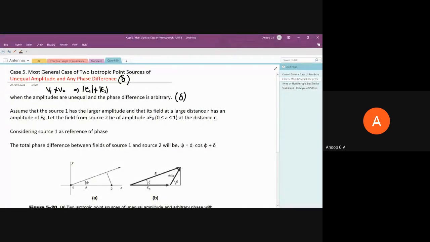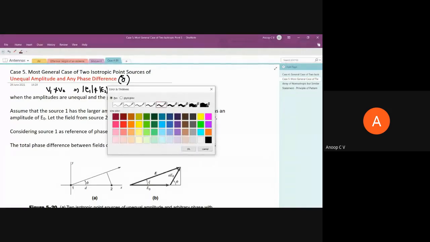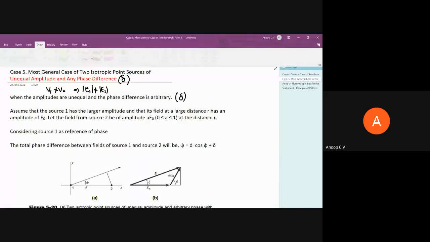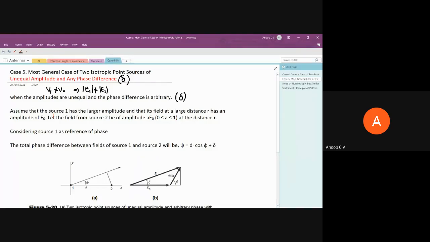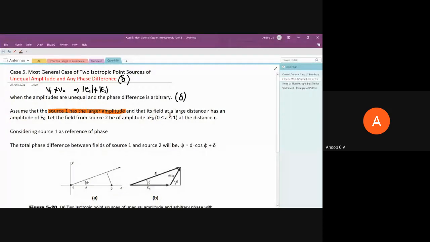In this case, please keep in mind we are assuming source 1 has larger amplitude, and that its field at a larger distance r has amplitude E naught.